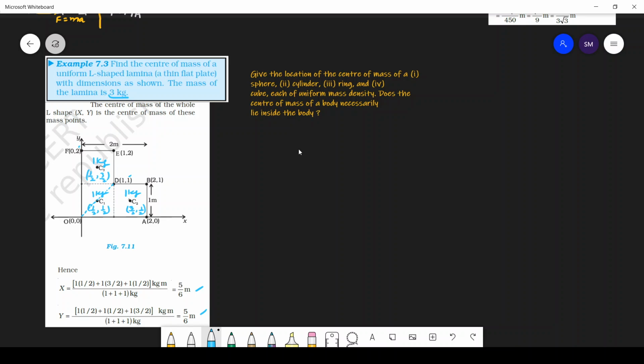So center of mass, it depends. Like I have discussed, it's a ring, or suppose a hollow hemisphere or hollow sphere.